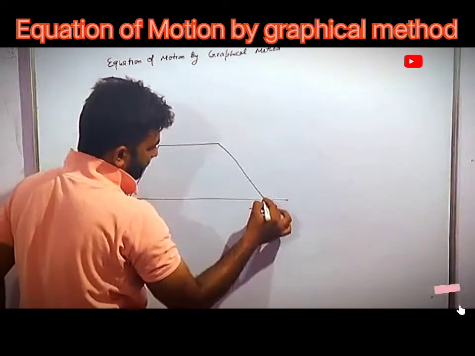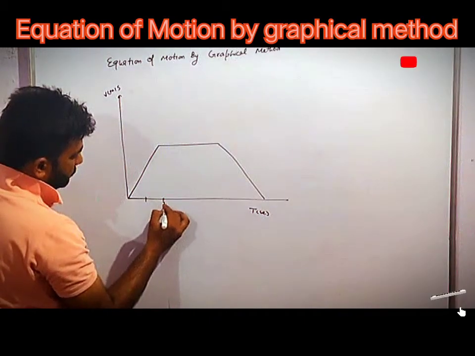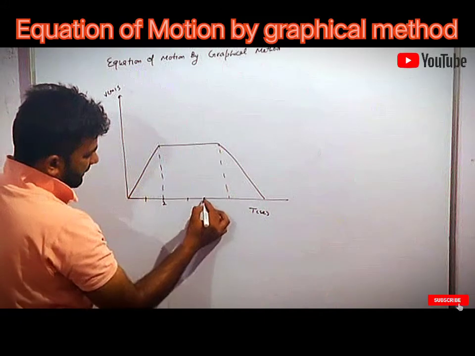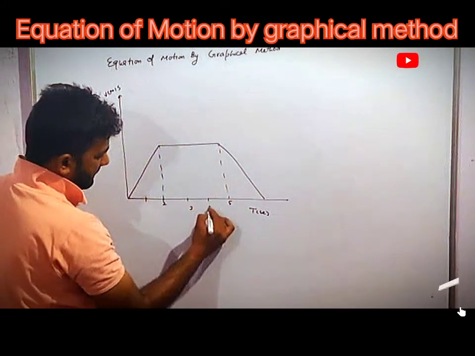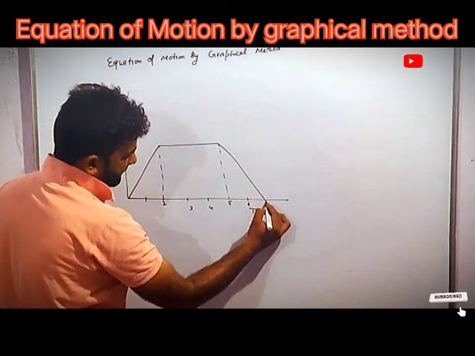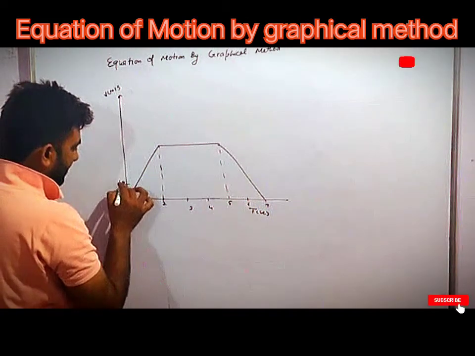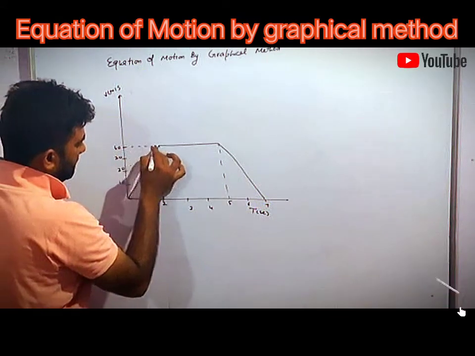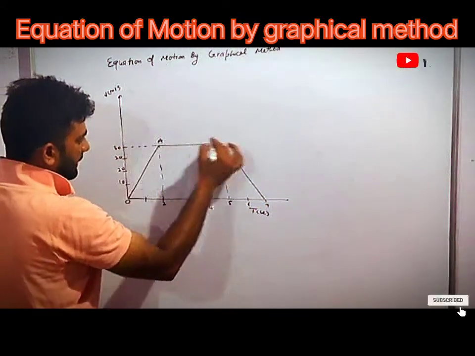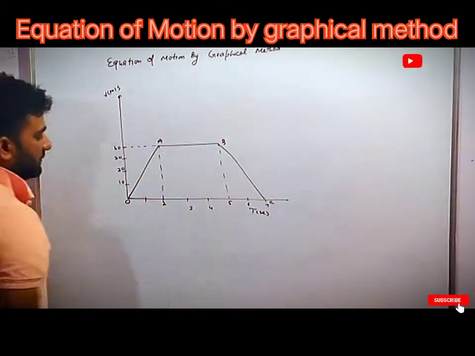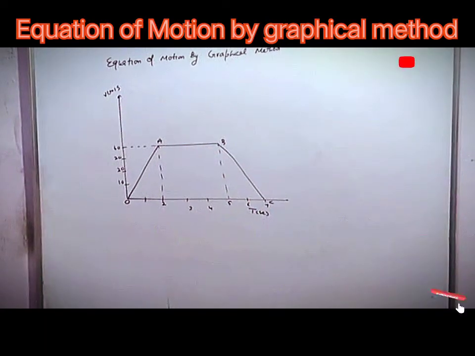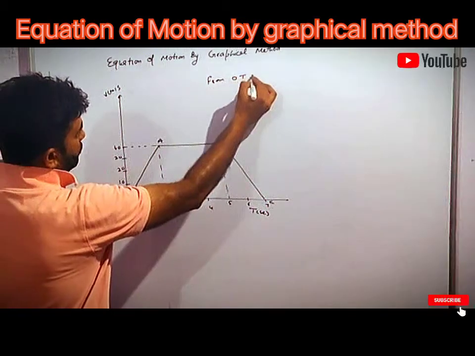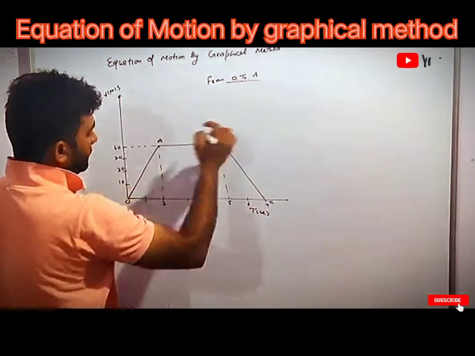Consider that here is a numerical: 1, 2, 3, 4, 5, 6, 7 on the time axis and 10, 20, 30, 40 on the velocity axis. Points O, A, B, C. Find the acceleration from O to A.